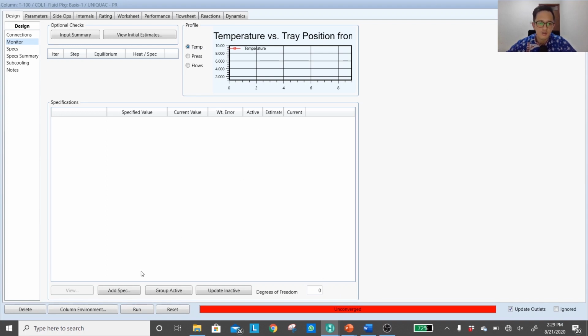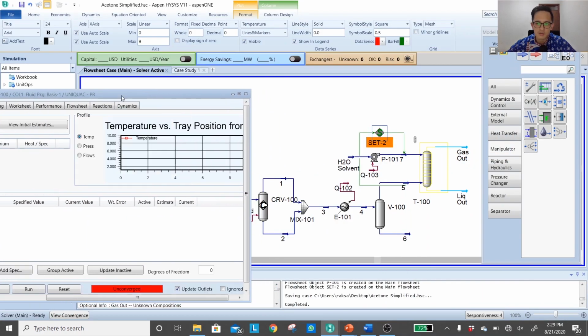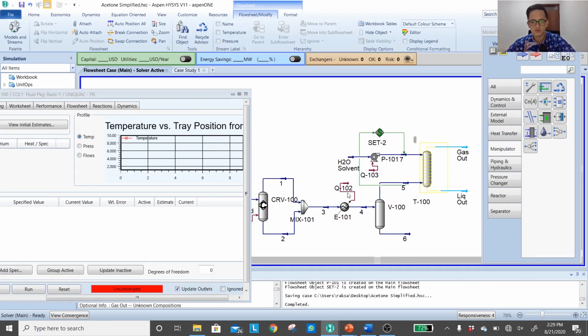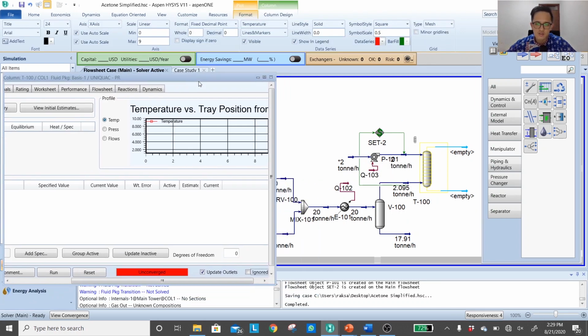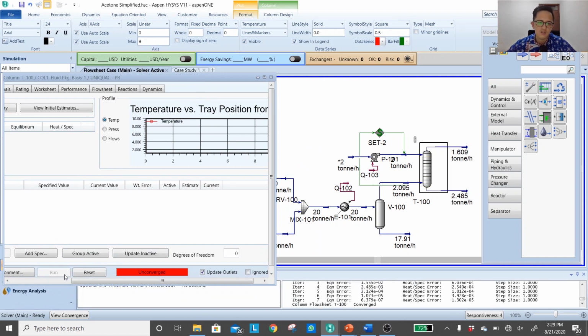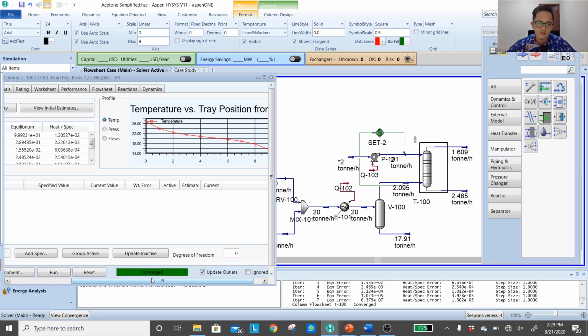That's not a good thing. Okay, so once you provide the initial number, we use the mass rate to be close to the gas flow rate as a starting point, the stage to be 10 as a starting point. Now you just run it, and they give you a green bar, which means it's okay.